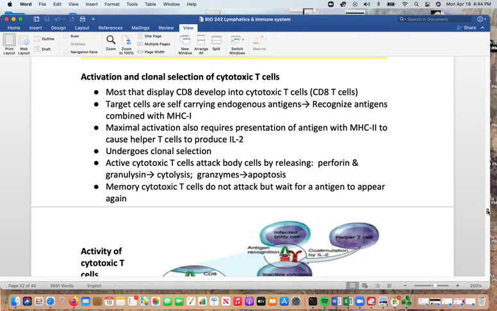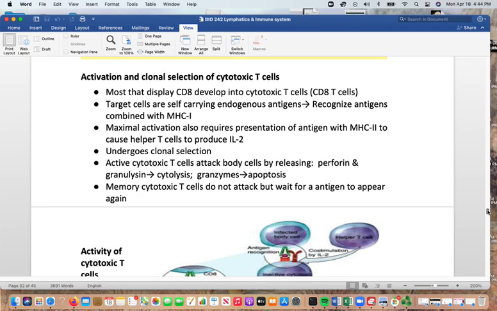So the activation and clonal selection of the cytotoxic T cells: most cells that display CD8 positive will become cytotoxic T cells. They target the cells that are self-carrying endogenous antigens. They recognize the antigen combined with the MHC1. So maximum activation is going to require presentation of the antigen with MHC2 to cause the helper T cells to produce IL-2.